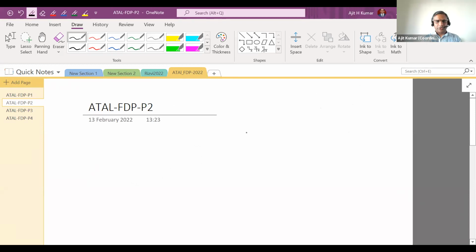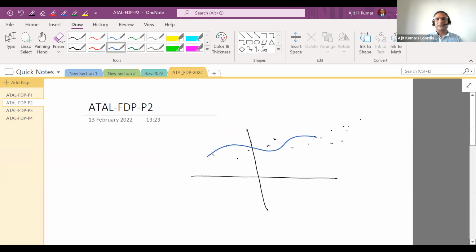Okay, so suppose you have a set of points. Let us say this is my set of points. Don't worry about the coordinates, etc. And you want to, let us say, fit some kind of polynomial to begin with. This polynomial is, let us say, y is equal to p(x), where p(x) is a polynomial.